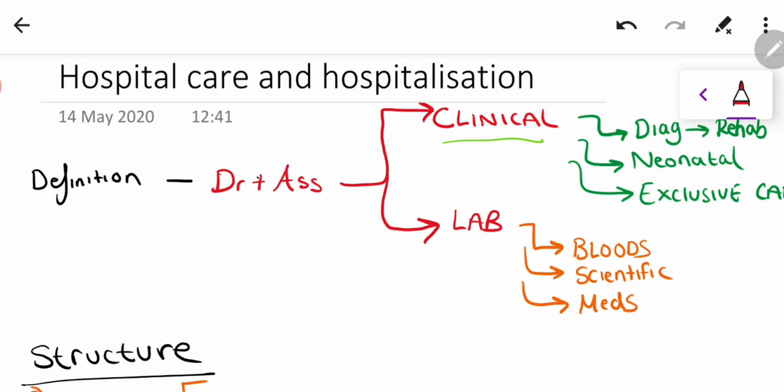Okay, so this is like your GP stuff, but then we have medical establishment. Now, medical establishment is all about the hospitals, yeah. And she's always gonna say, what's the definition of both?